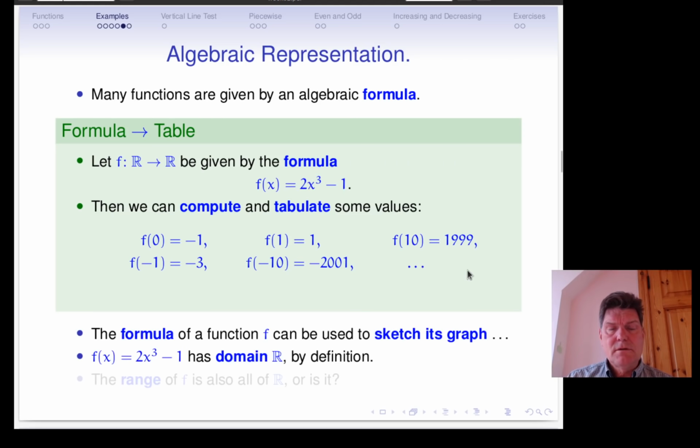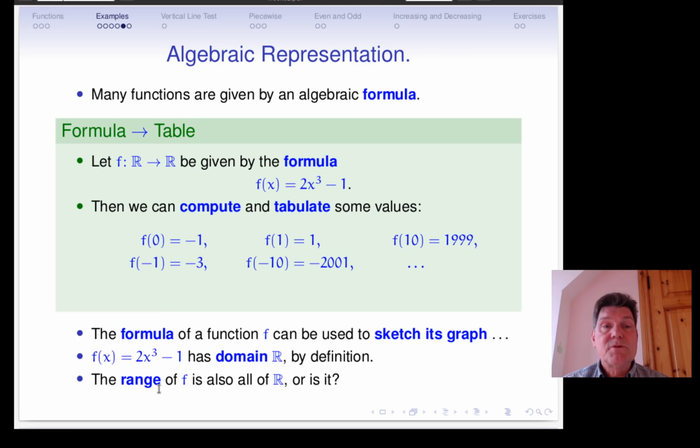This function, f of x, given by the formula 2x cubed minus 1, obviously has domain R. That's how we set it up here in the beginning. The range of this function, the set of all values f of x that do actually occur, is also all of R. Or is it?